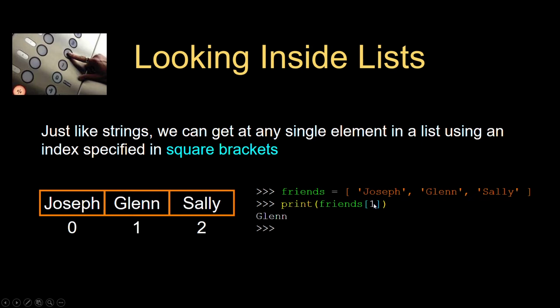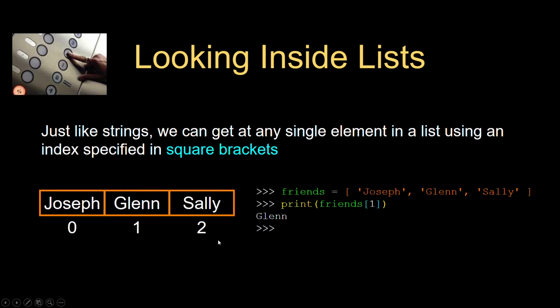The first item in the list will be with 0 index. The second item in the list will be 1 index. So if we want to get the third item in the list, then we have to say the list name, square bracket 2.